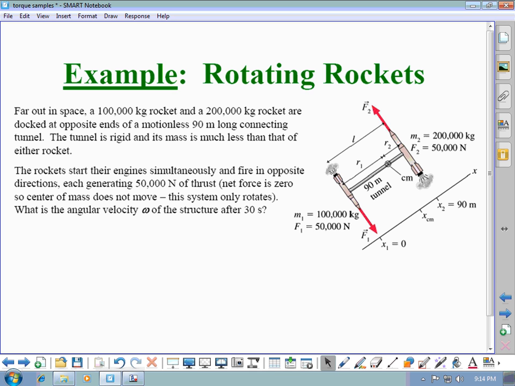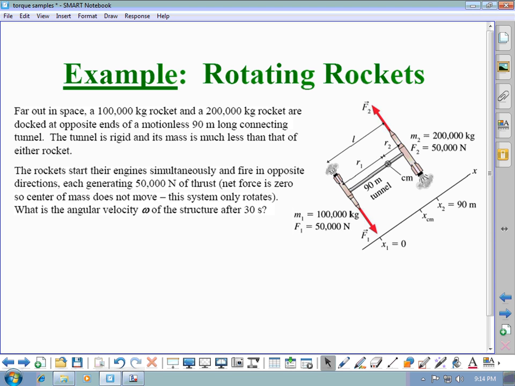Okay, in this example problem, this was something that I talked about a little bit in class, but we have a 100,000 kilogram rocket and a 200,000 kilogram rocket that are docked at opposite ends of a motionless 90-meter long connecting tunnel. The tunnel is rigid, so that means that it's always rotating about its point.